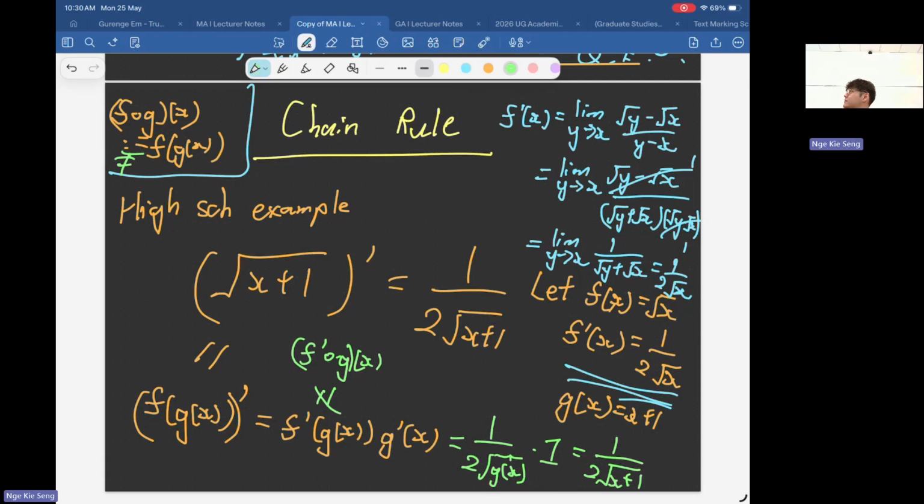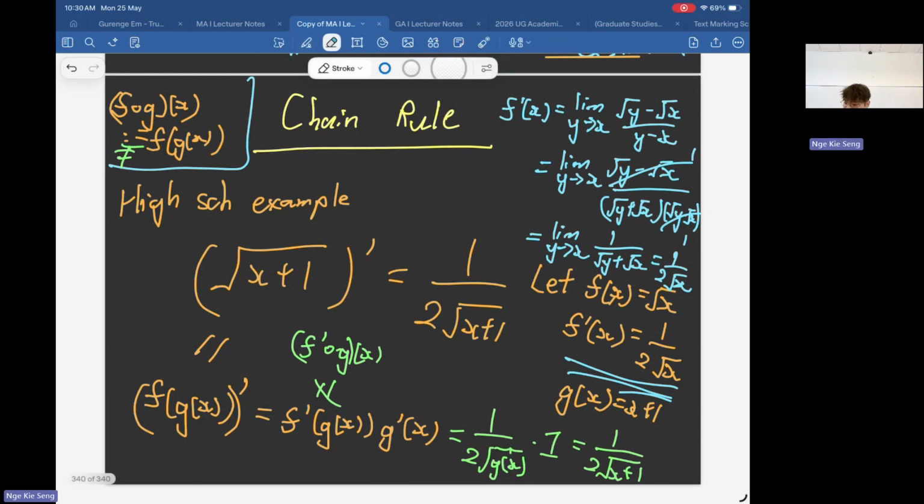Let me see. Is this equal or not? What do you think? Maybe. Is it always? No way. Why? But how about this side here?